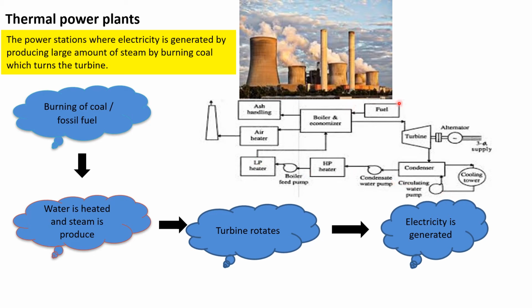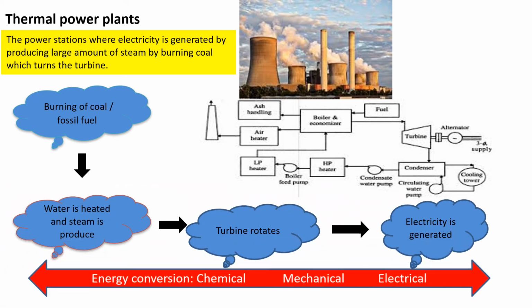See, the basic idea is we're supplying the fuel to the boiler, where there is water. From here steam is produced and this turbine rotates. The moment it rotates, electricity is supplied and here we have electricity. And this is the rest of the functioning, where we do cooling and put in condensers and everything, which we don't require to know. The basic thing is this, which we must know.